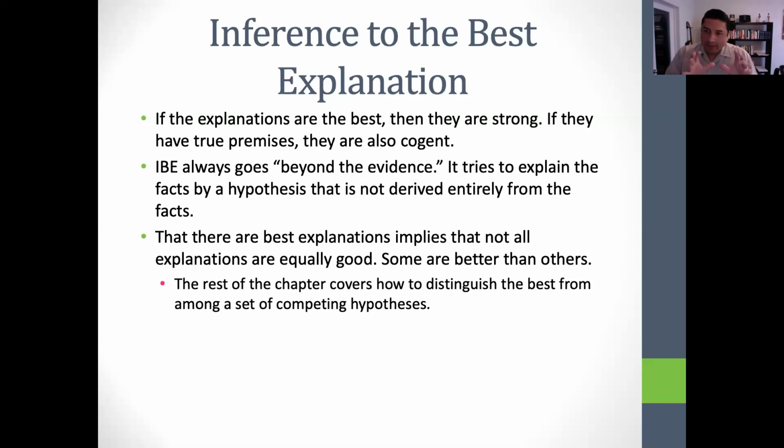So in an inference to the best explanation, you're always going to have a set of facts, a phenomenon, that needs to be explained. The phenomenon doesn't explain itself. If it explained itself, we wouldn't need an inference or an explanation of it. It'd be self-explanatory.